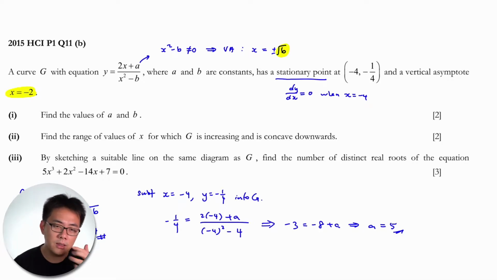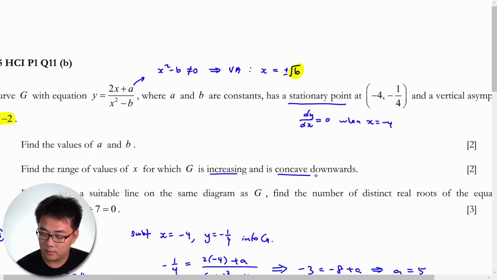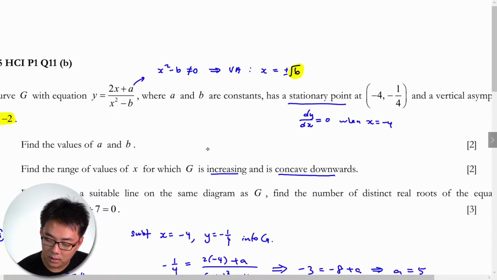Let's look at the second one. Find the range of values of x for which g is increasing and is concave downwards. So we try to understand what is increasing. Increasing would just mean that dy/dx is bigger than 0. Concave downwards would just mean that it's like that.